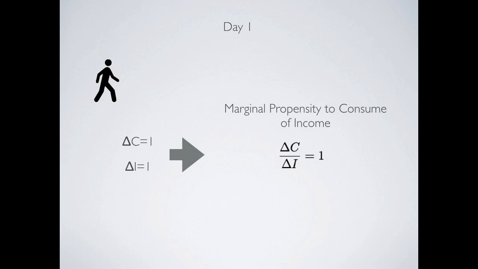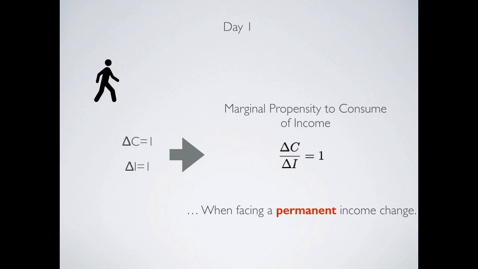In this case, we will observe that the marginal propensity to consume out of income, which is defined as the change of consumption over the change of income, delta C over delta I, is going to be 1. But we have to remember the reason that consumption increases as much as income is that the household is facing a permanent income change.